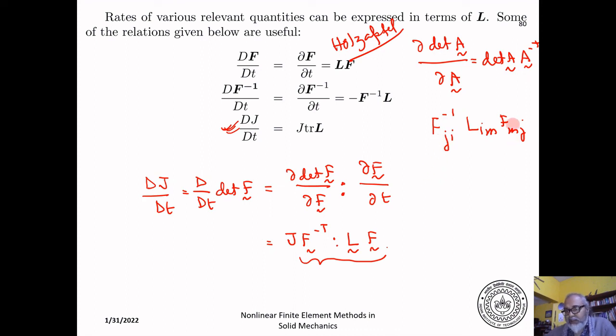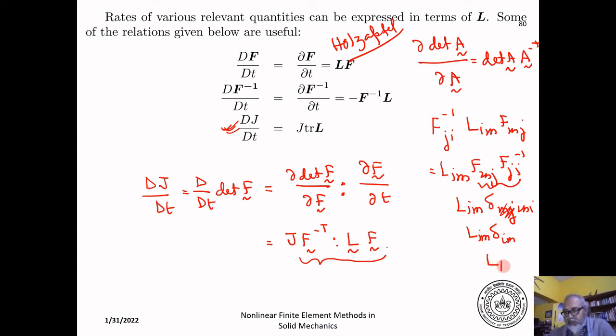And now you can write L_im F_mj F_ji inverse, but these two together are inverse of each other, so these will give you delta_mi, which is the same as delta_im. So you have L_im delta_im, which is L_kk. So you have this equal to J times trace of L, which is also J times v_k,k.